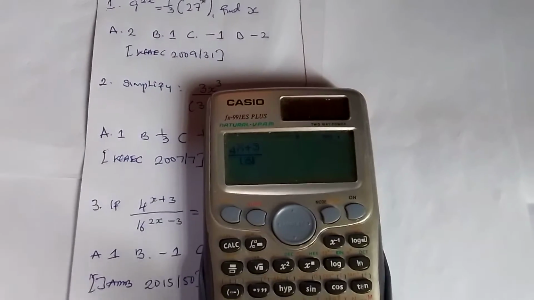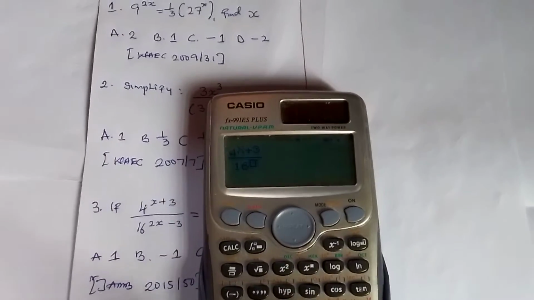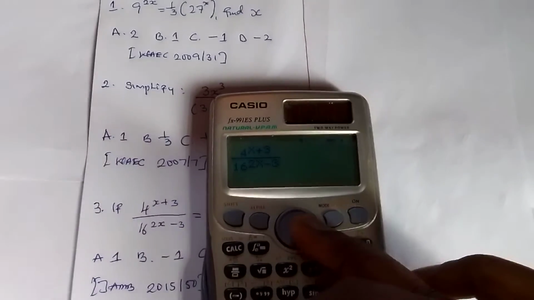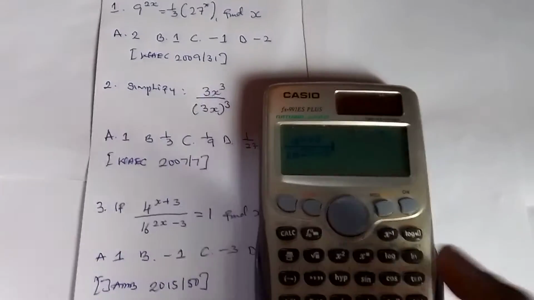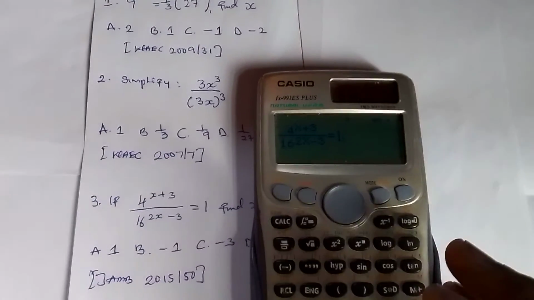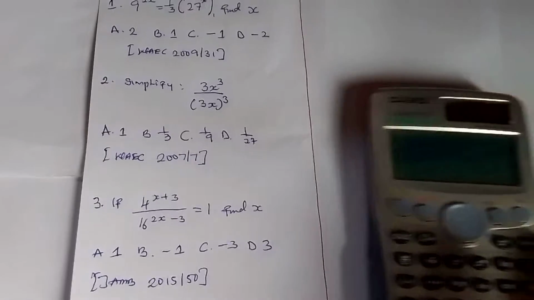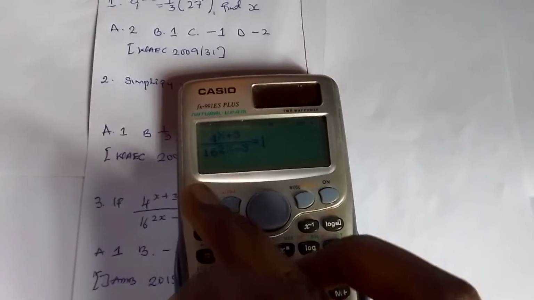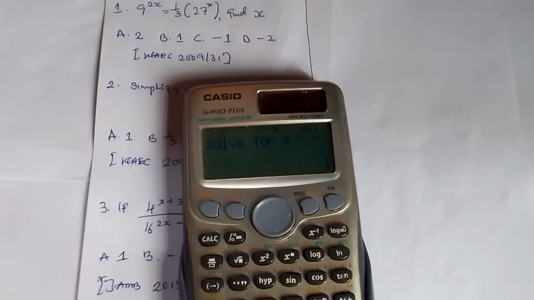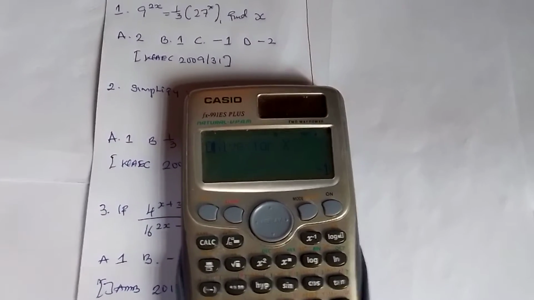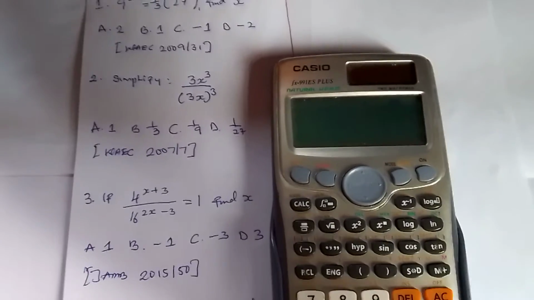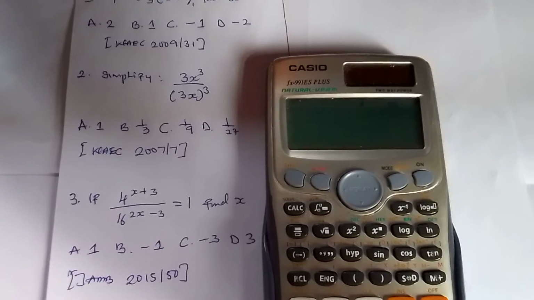So I have 16 raised to the power of 2 alpha x minus 3. Then I use my arrow key, equals to 1, so alpha equals to 1. They asked me to look for x, so I'll press shift calculate for x. Always make the value of x 0 for convenience's sake, and then my answer will soon pop up. We're going to wait for it.